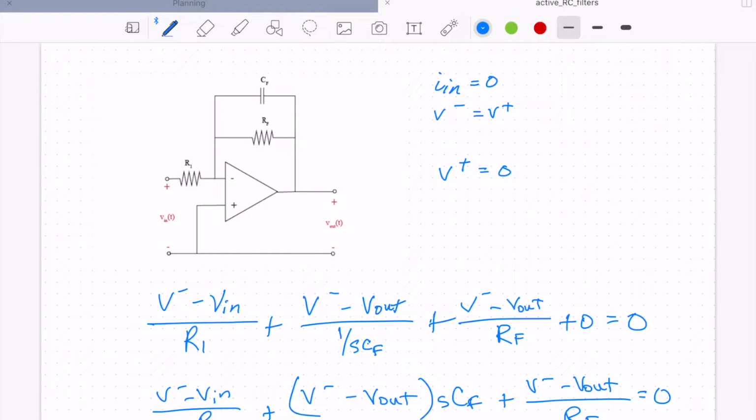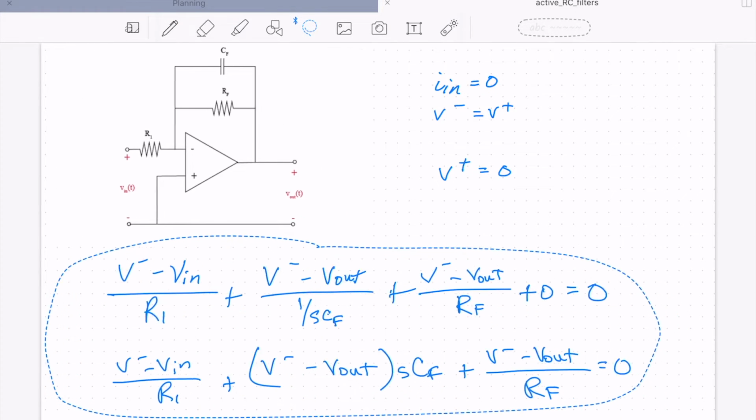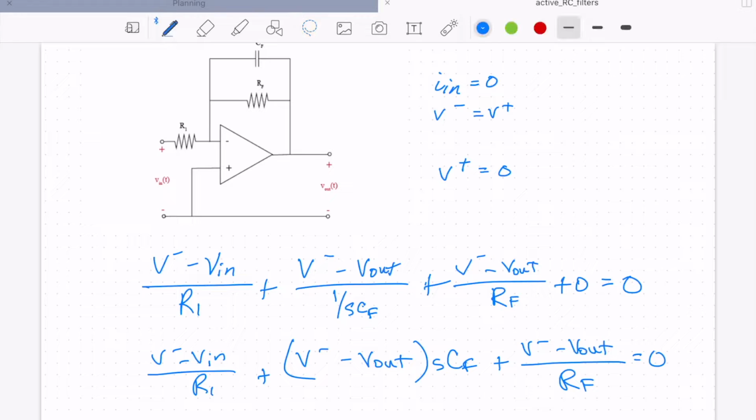We get 0 minus Vn over R1 plus minus V out times SCF plus minus V out times 1 over RF.